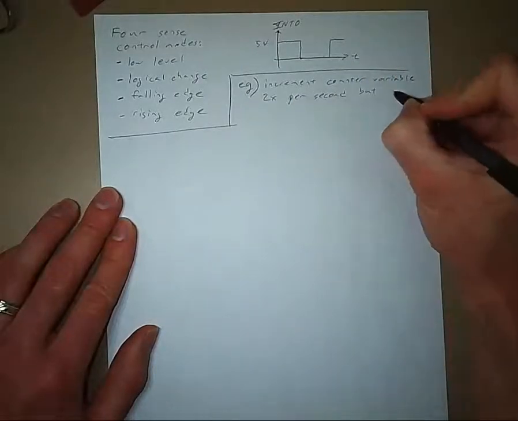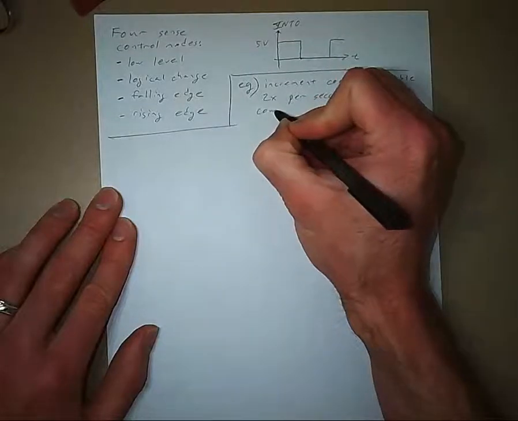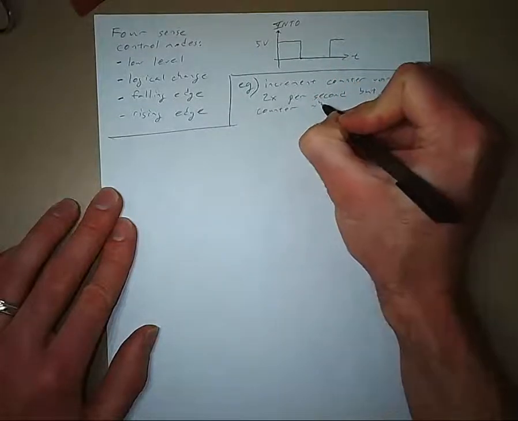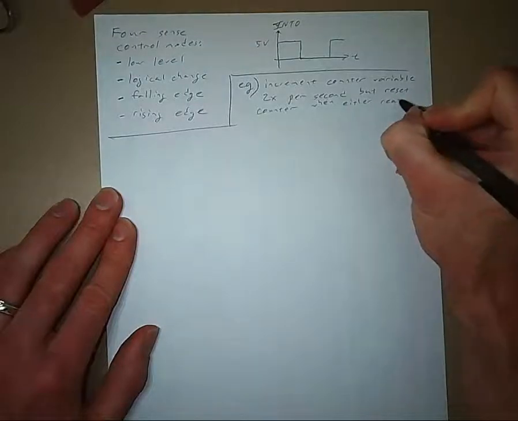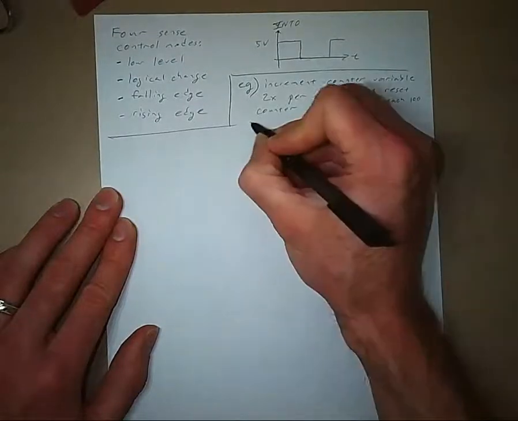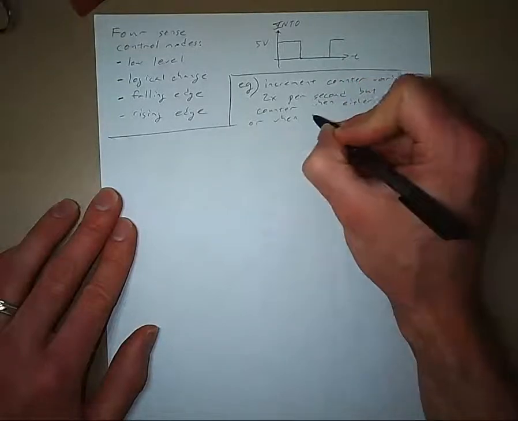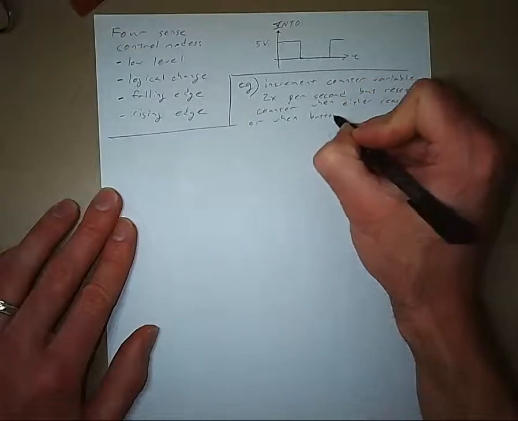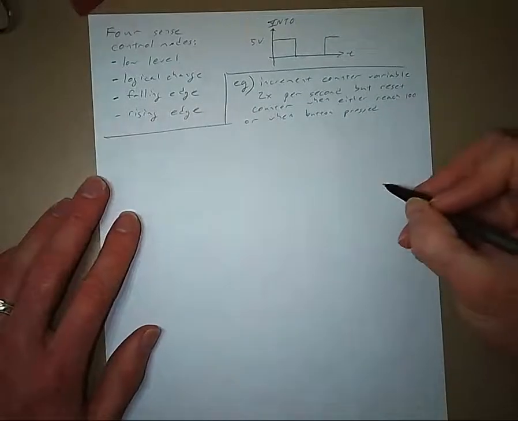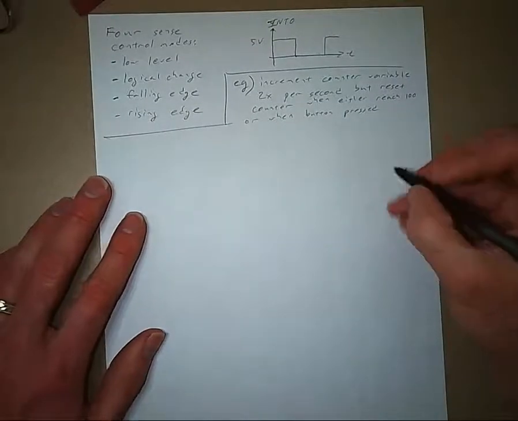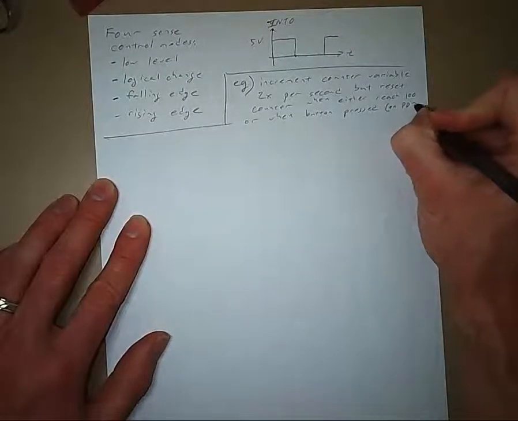But we want to reset the counter when it either reaches 100 or when a button is pressed. And that button is going to be connected to port D, pin 3.